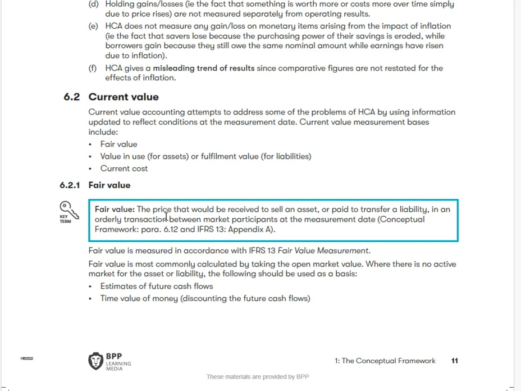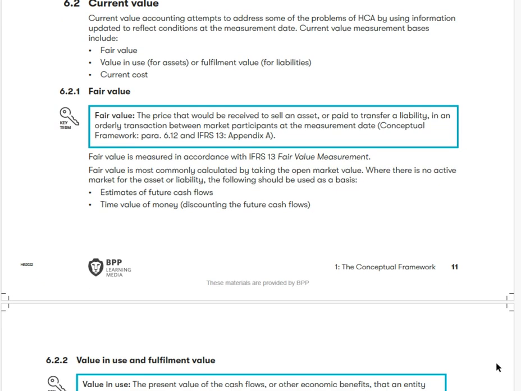That means at the time of selling, what is the value that you can receive for the asset. Fair value is measured in accordance with IFRS 13 Fair Value Measurement. IFRS 13 was prepared because you can use a standardized form of fair value measurement in each case wherever you are using the fair value.